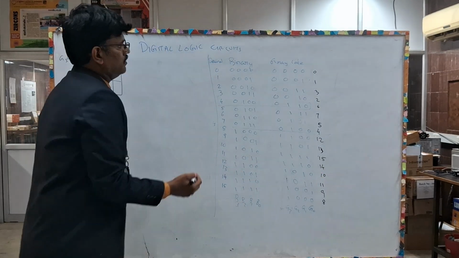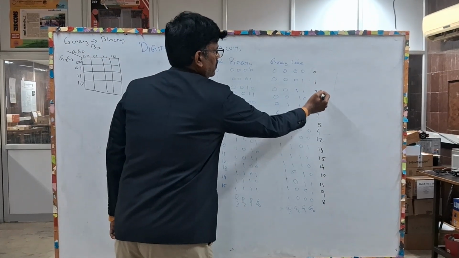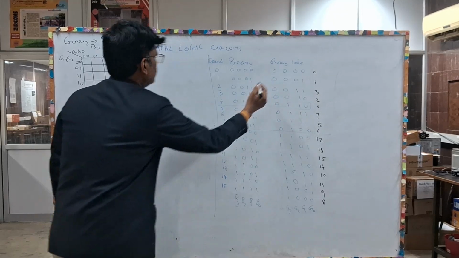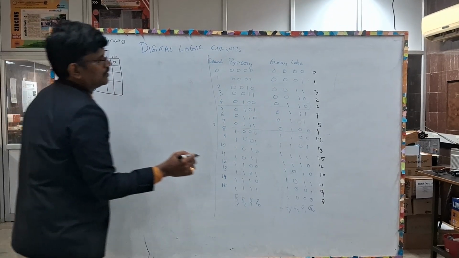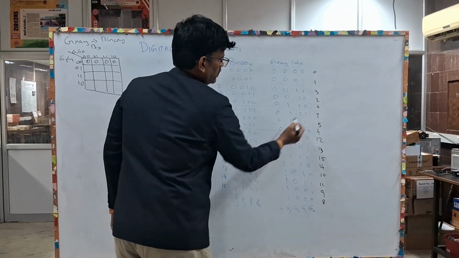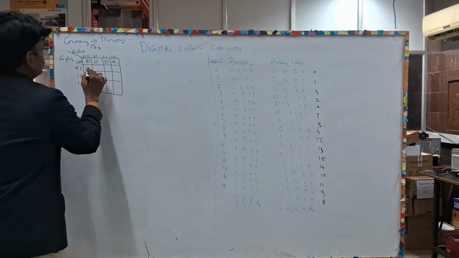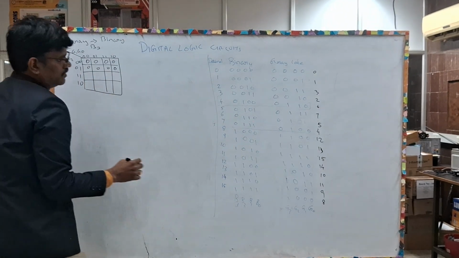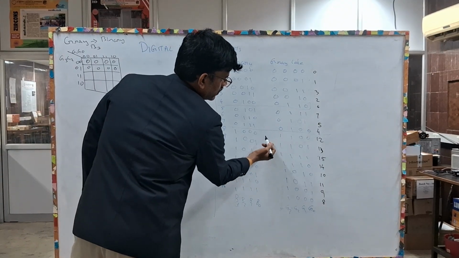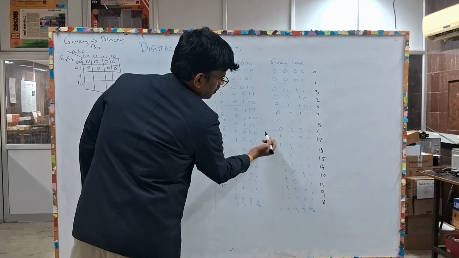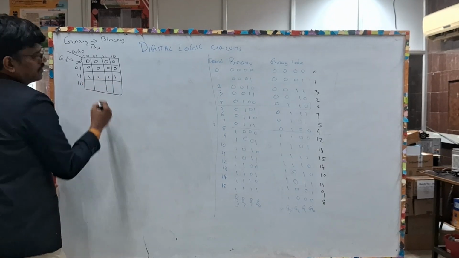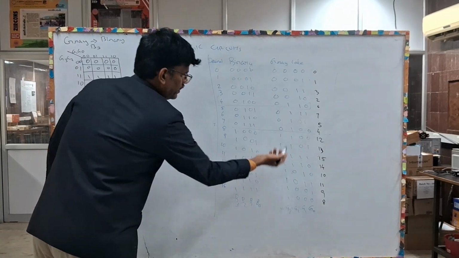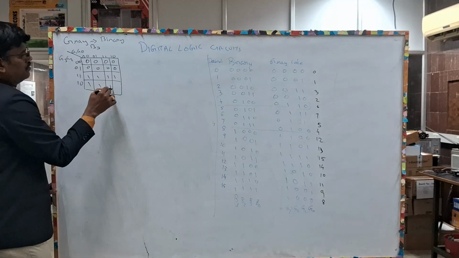So let us take this value. 0, 1, 2, 3 are all zeros. Then 4, 5, 6, 7 are 0. And then 12, 13, 14, 15 are 1s. And 8, 9, 10, 11 are 1s.